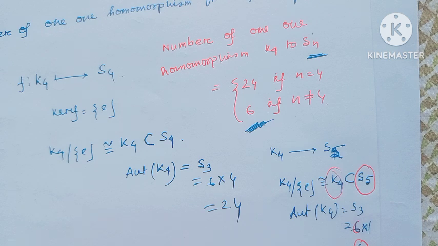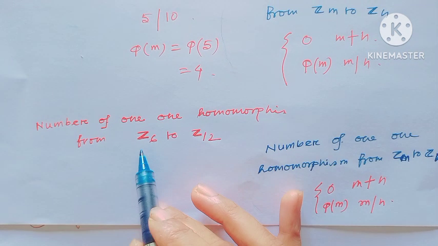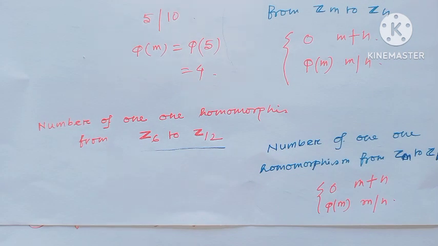Next I will see the number of 1-1 homomorphisms from Z6 to Z12. We all know the number of 1-1 homomorphisms from Zm to Zn is 0 when m does not divide n, and phi(m) when m divides n.